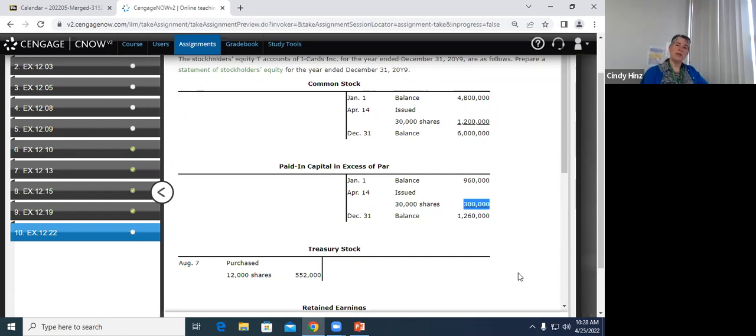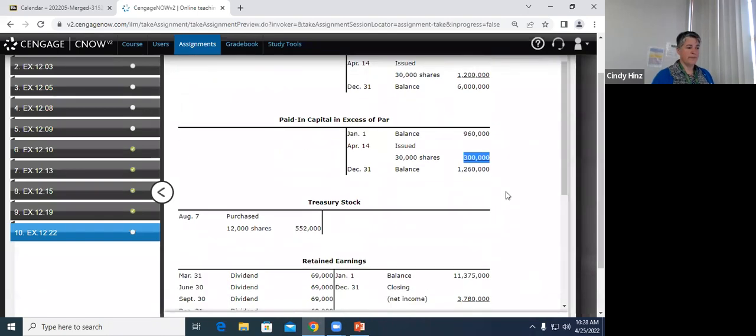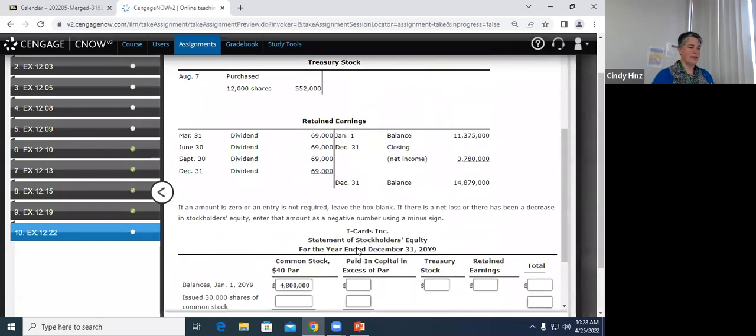What we don't see here is that our cash would also have increased by 1.5 million. I want you to keep in mind, of course, we can't have these credits without a corresponding debit. That debit would have been to cash if we sold these shares. So the beginning balance in paid in capital in excess of par was $960,000.